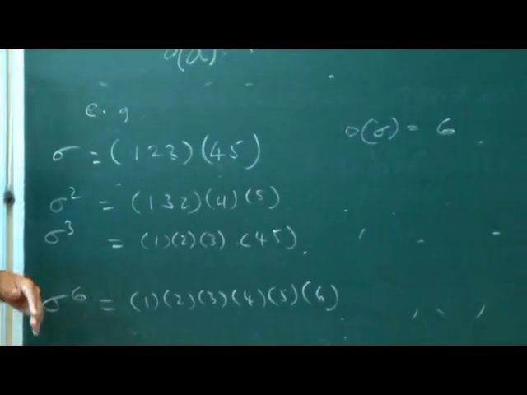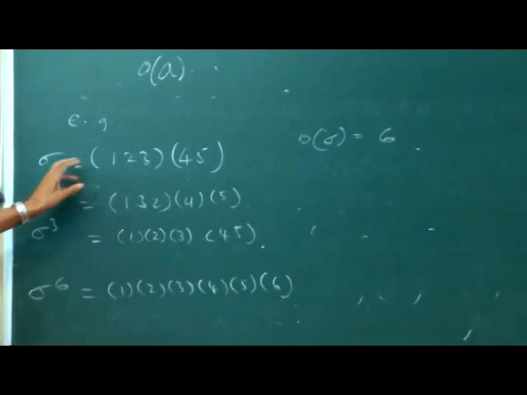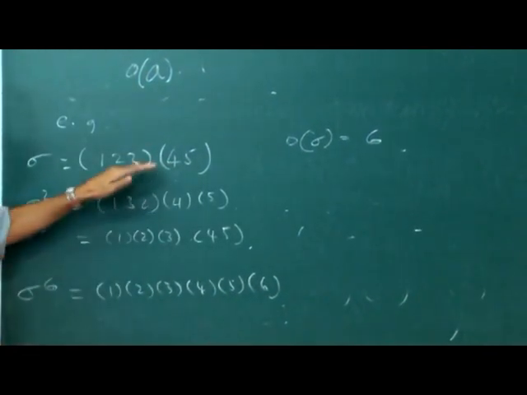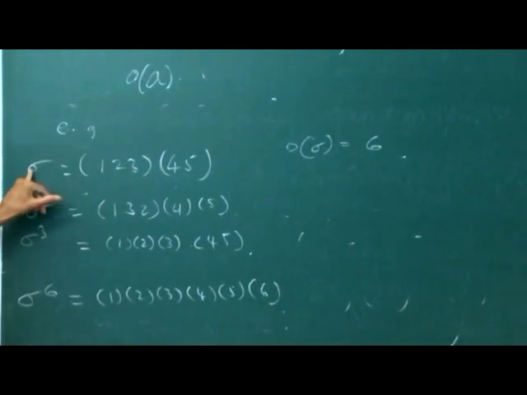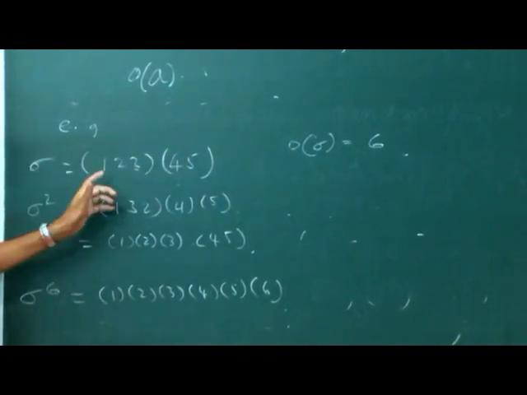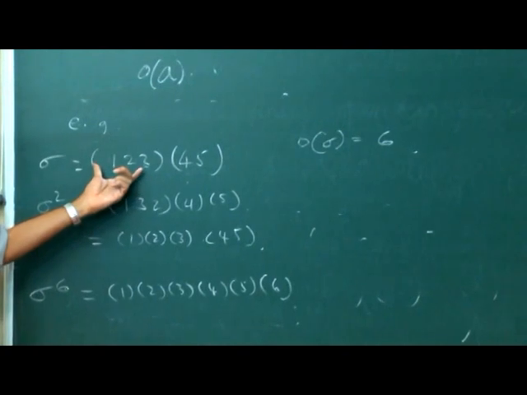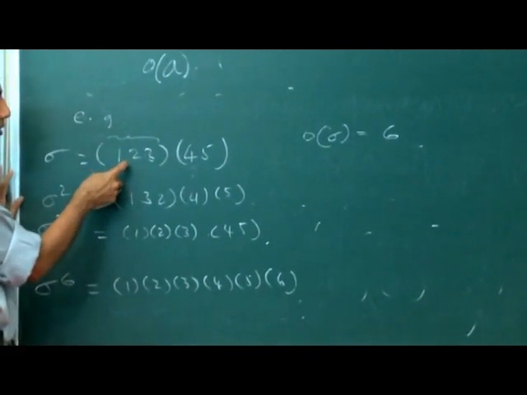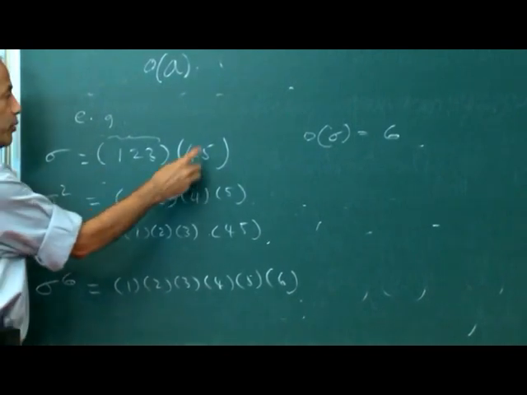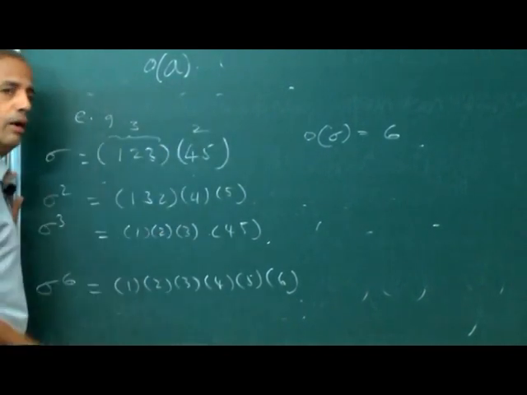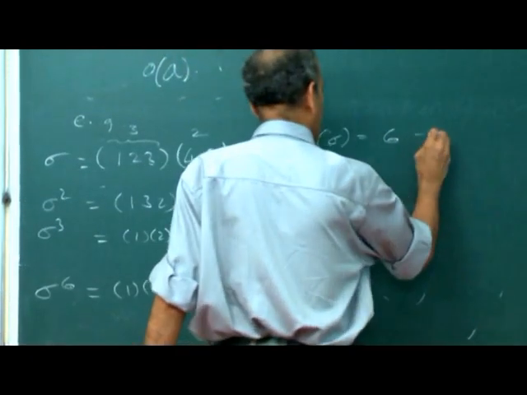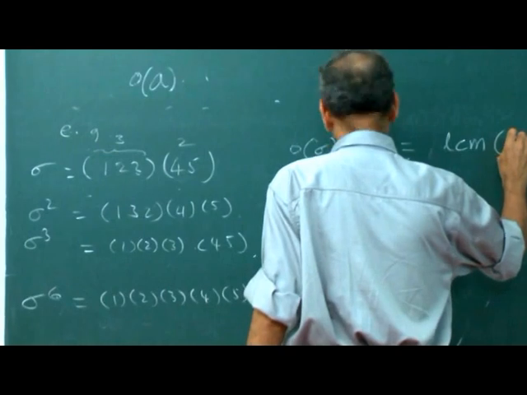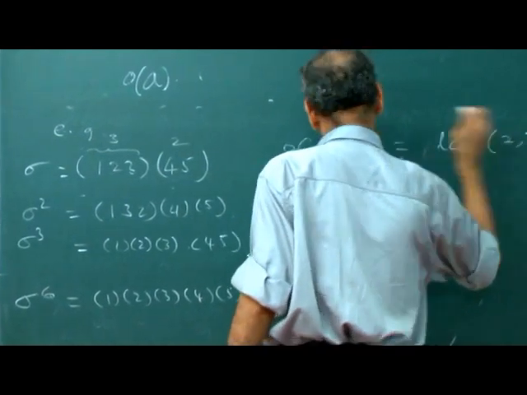Can you see any relation between 6 and this permutation? Could we have found or guessed the order of sigma very easily? You can see that order of sigma is, you consider the cycle. This is a cycle of length 3. This is a cycle of length 2. Then order of sigma is LCM of 2 and 3.